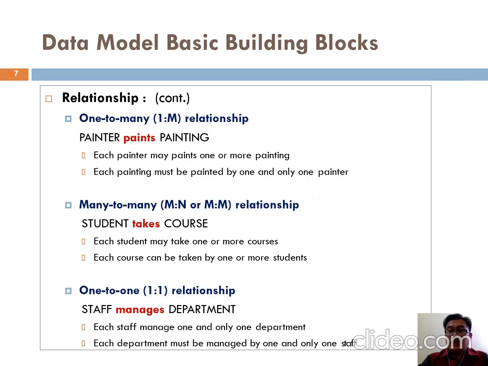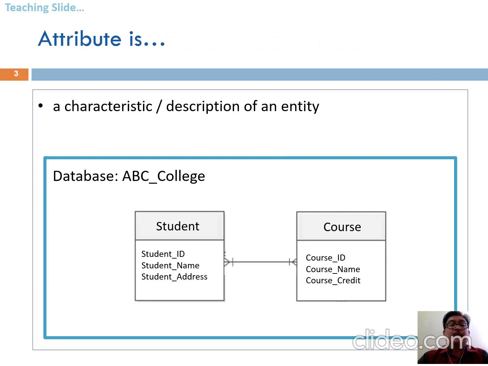Okay, so we look at an example first. For example, just now we have ABC College, we have the student entity and also the course entity. So we have a relationship between student and course, and the type of relationship is as shown here.